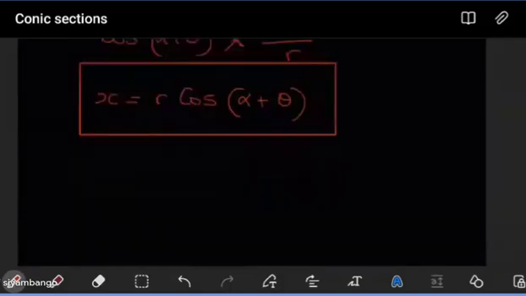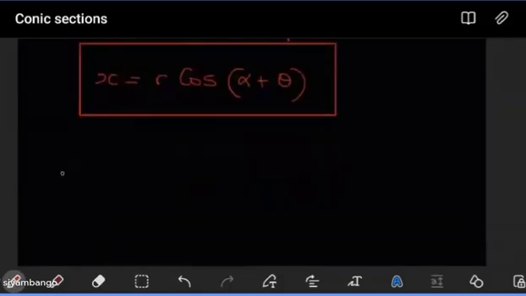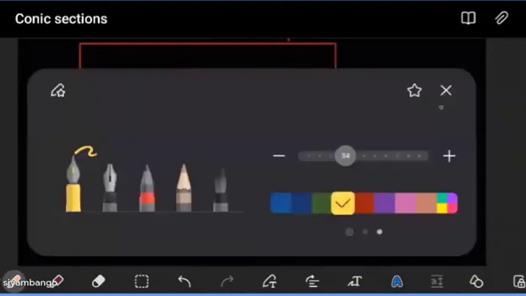So let's start with the one for x. We have x is equal to r cos alpha plus theta. But what do we remember from the double angle identities?